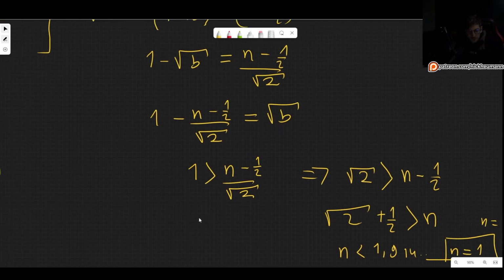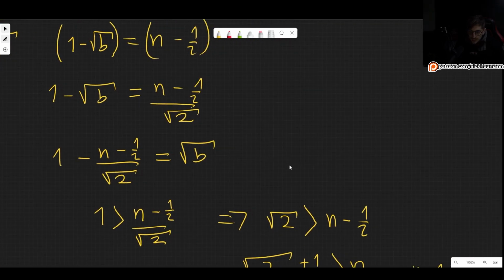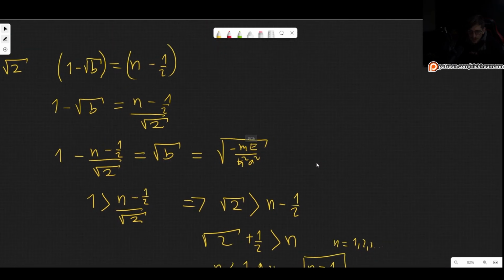Okay, so if we want to find now the actual energy, let's just go back to this expression and plug in the value for B. So we know that B is, I believe, minus m e divided by h bar squared a squared. And now we solve for the energy. Maybe I'll change colors here and separate this.